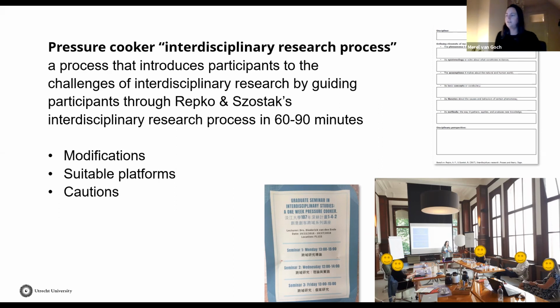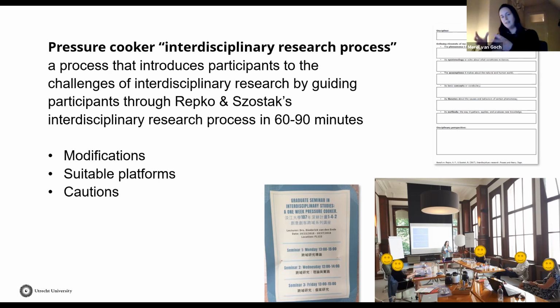You can modify the duration of the pressure cooker. So usually we do it in 60 to 90 minutes, but we've also one time done it in a week. You can add additional elements, for example, a more in-depth disciplinary self-reflection that I have here on the right side of the screen, where participants reflect on what is my discipline, what are the core elements of my discipline, so what methods does my discipline use, what concepts are important, what theories, what assumptions, and the epistemology, for example.